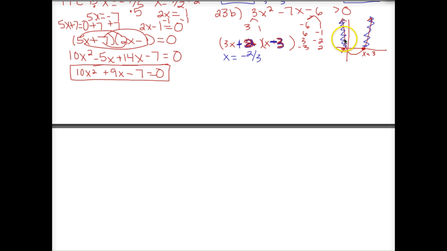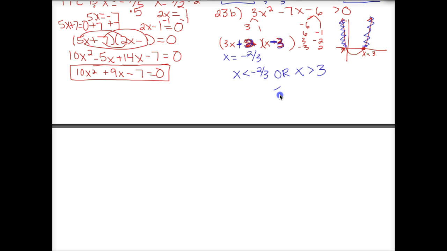And we said whenever it's the arrows, that means we write an or. So either x is below the lowest x-intercept, which is negative 2/3, or x is above the highest x-intercept, which is 3. So less than negative 2/3 or greater than 3 if you're solving graphically.